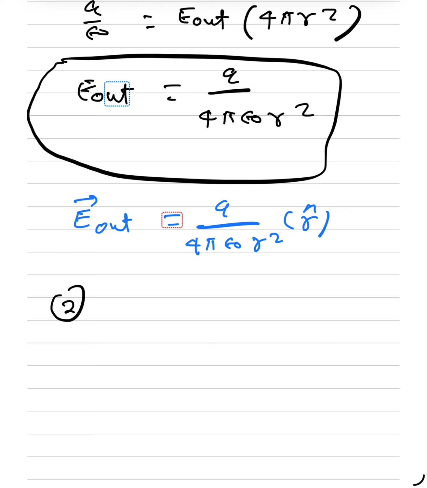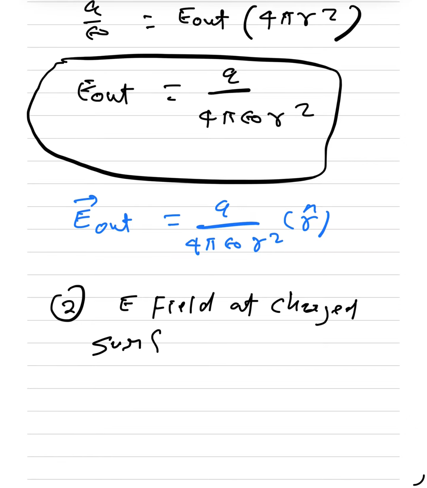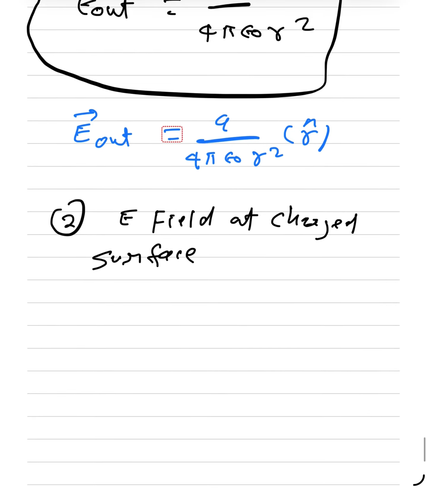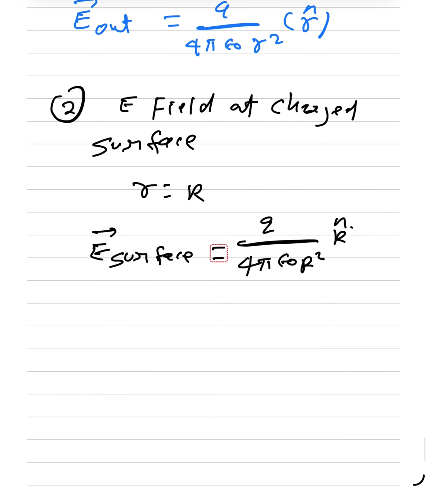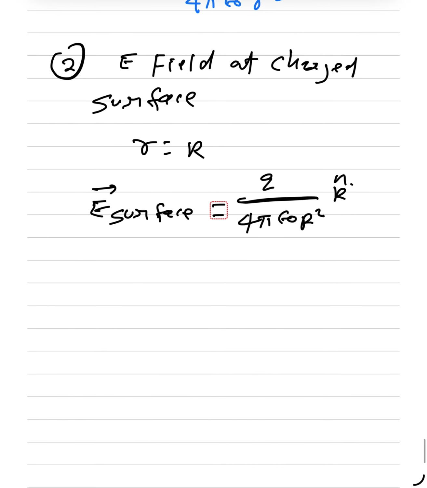And the second point, the electric field at the charged surface. At the surface, small r equals capital R, so the electric field at the surface equals q divided by 4 pi epsilon naught r square, r cap. This is the formula for the electric field at a charged surface.